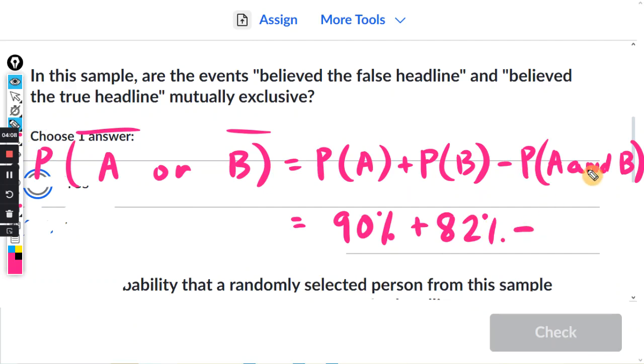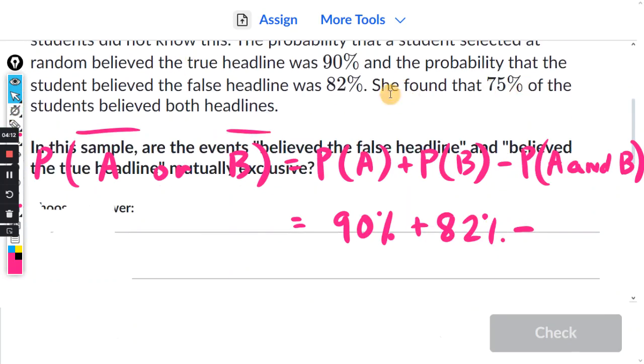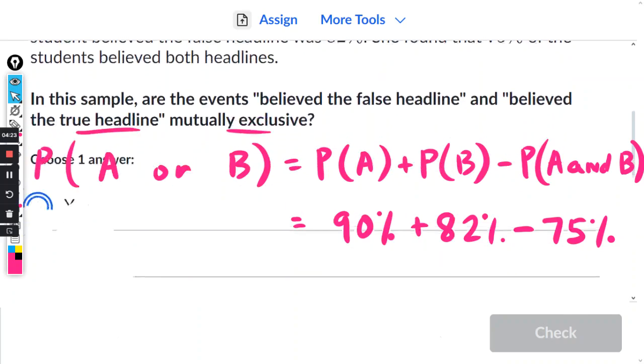And if we subtract the overlapping part, she found that 75% believed both. So we are going to subtract 75%.